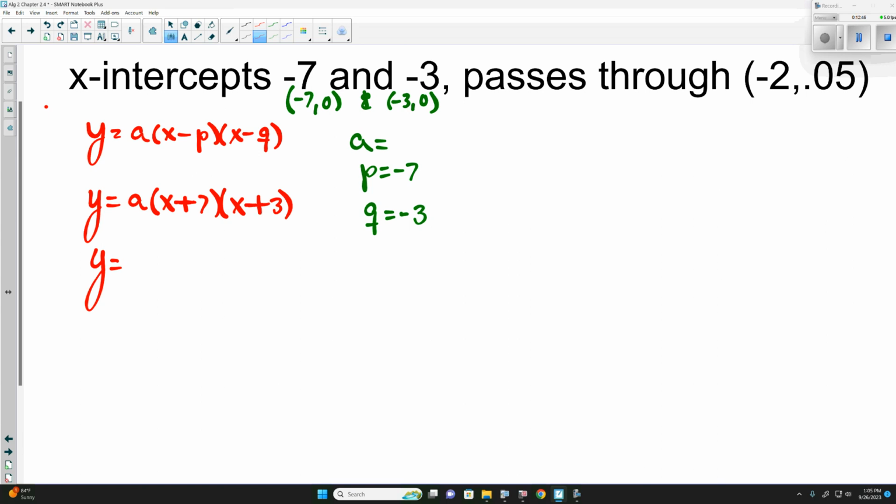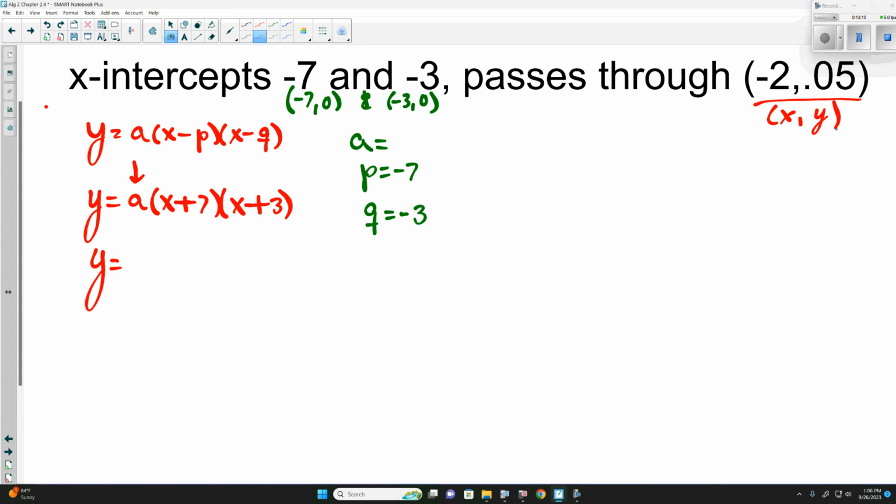Now, the only thing we're missing is the value of a, yes? It seems like it should be something different because we have a different starting equation. It should work a little different than vertex form, but it doesn't. Because this is still the point (x, y), and it's still saying when I plug the x value into the equation, we should get its corresponding y.